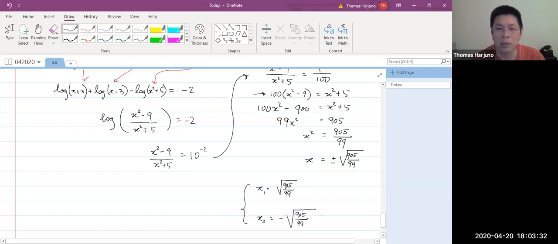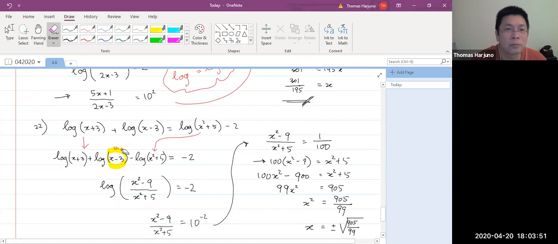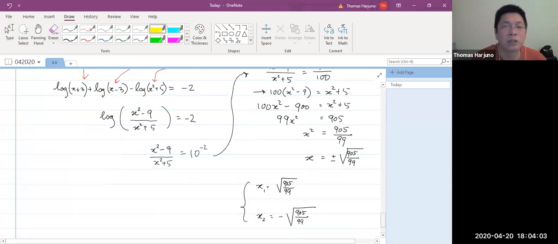But this is negative, which if I plug in here, in the original equation, this part will be negative. You see? So I have to reject this solution. It does not apply.